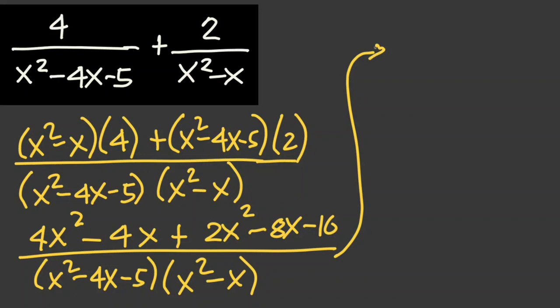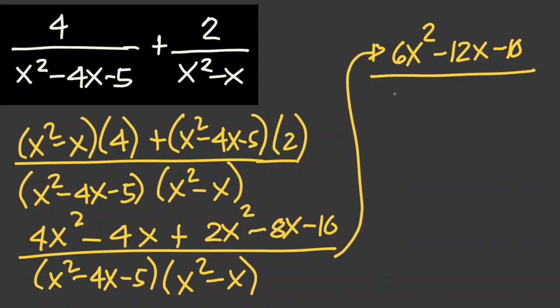Then we can simplify our numerator further by grouping like terms. 4x squared goes with 2x squared, so 4x squared plus 2x squared is 6x squared. And negative 4x minus 8x is negative 12x. And minus 10, divided by x squared minus 4x minus 5 times x squared minus x.